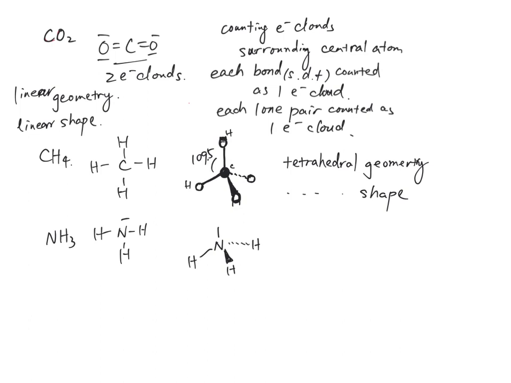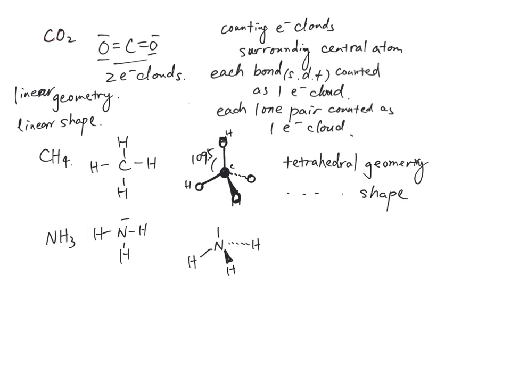Now, that electron pair is there. It belongs to nitrogen. It's extended out. It occupies one of the 4 positions of your tetrahedral structure. And you can see that from the picture I drew. The drawing is not that good, but I think you should be able to get an idea.